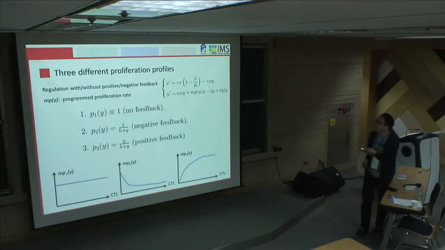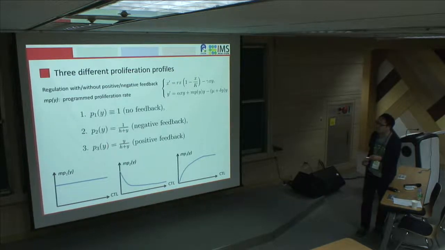And here is the only new part that I incorporate. I assume three types of functional form with respect to the programmed proliferation of CTLs. One is no feedback. So here it just becomes a constant M. In the second case, I consider a negative feedback effect that represents a competition for APC binding sites at the dendritic cell, via cross-presentation of tumor-derived antigen to CTL.